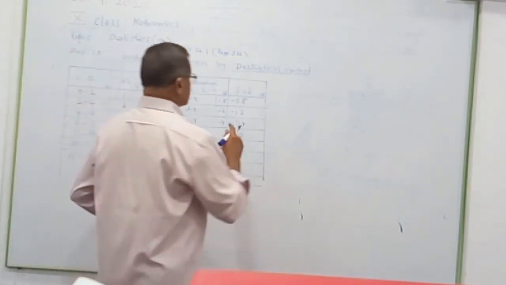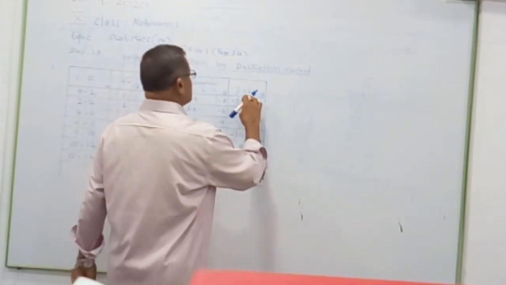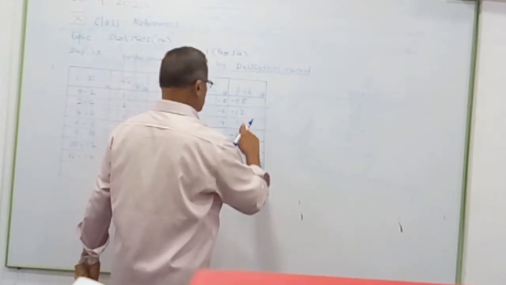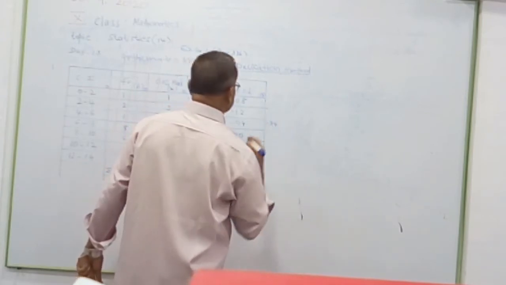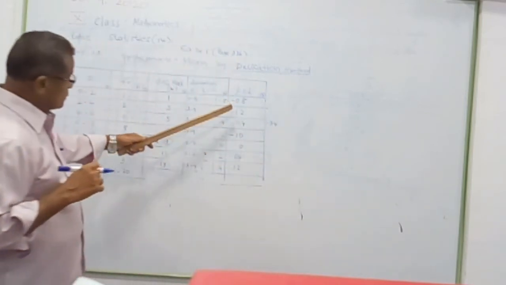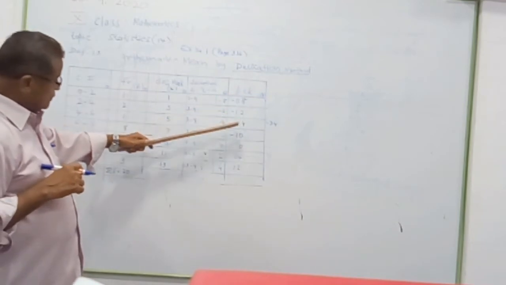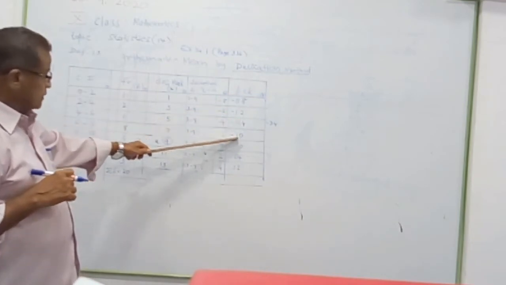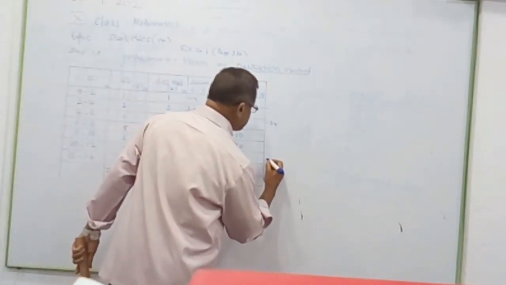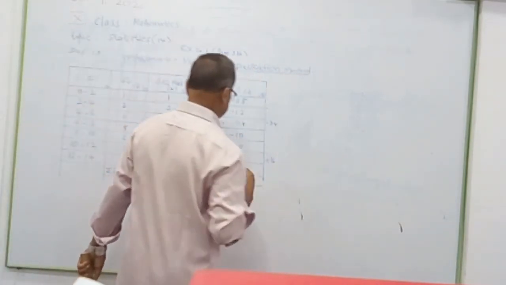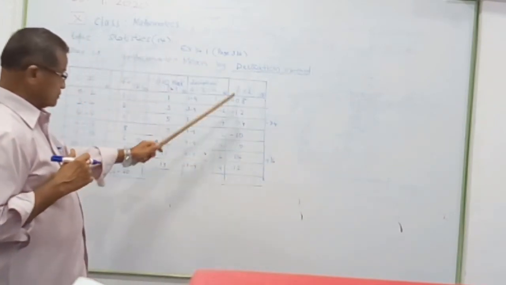Minus 12, 8, 20, 24, 34. Minus 34. Once again, 12 plus 8, 20, 24 plus 10, 34 minus. Whereas plus 16: 12 plus 4, 16.